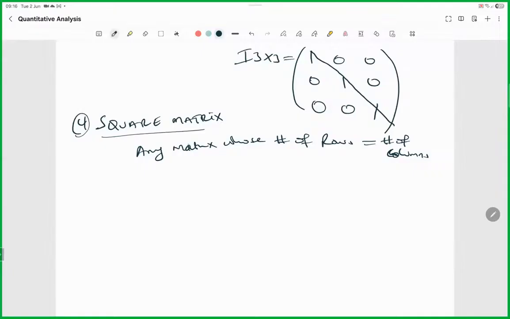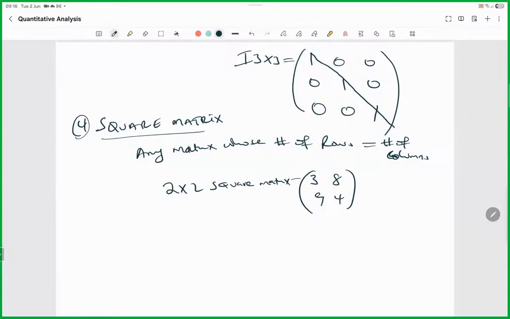What we had up here is a square matrix. For example, we could have a 2 by 2 square matrix like 3, 8, 9, 4. You can see we have 2 rows and 2 columns. That's a square matrix.